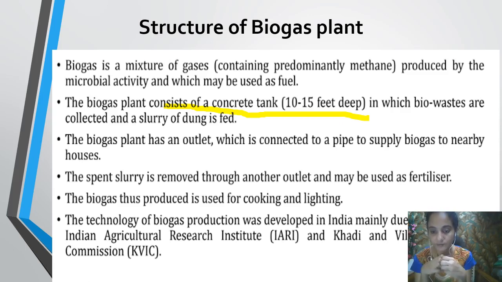So it's an integrated project. If you have cattle, surely you should start the biogas plant. This biogas can be used for cooking and lighting purposes. The Indian Agriculture Research Institute, that is IARI, and the Khadi Village Commission are helping us to construct this biogas production. So let's see the picture of a biogas plant.